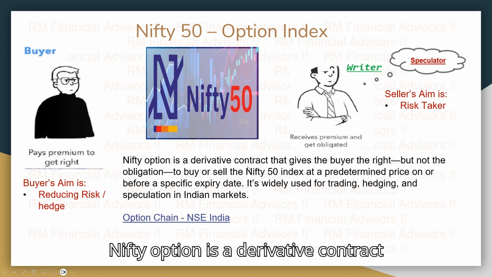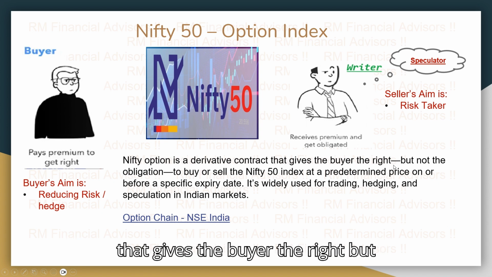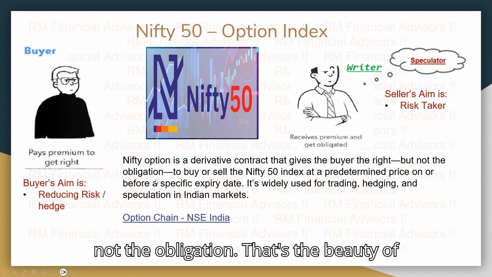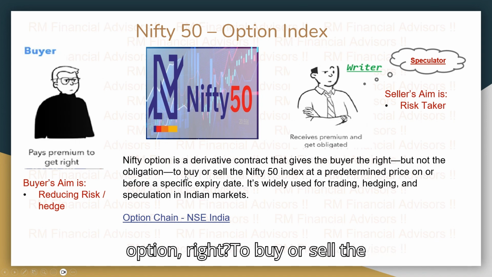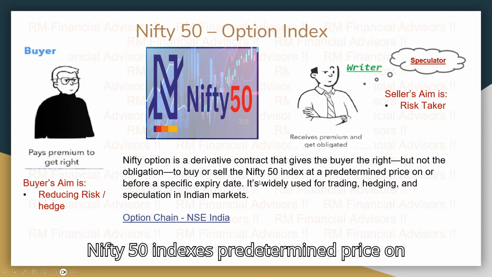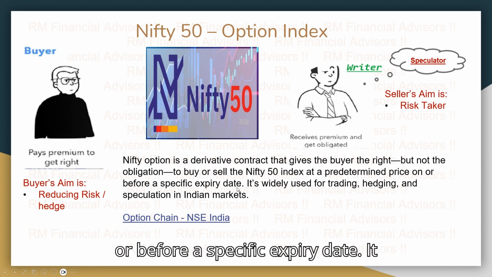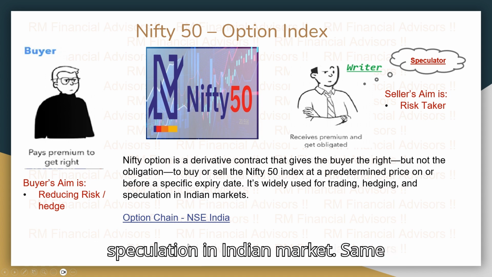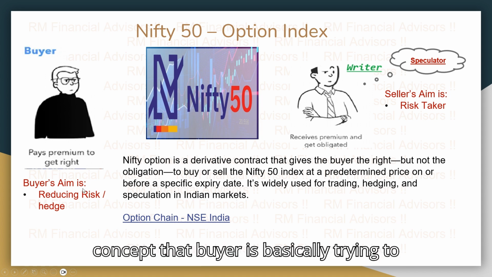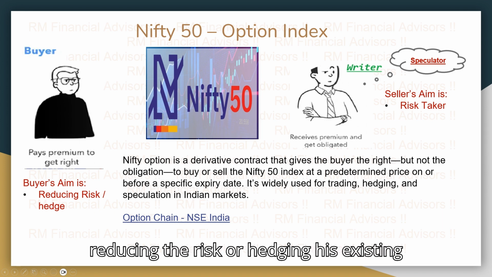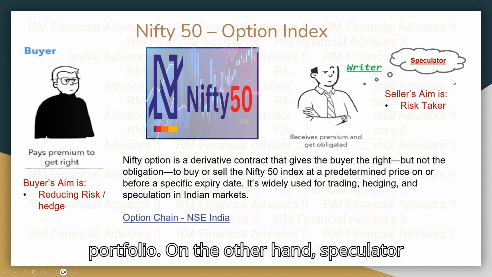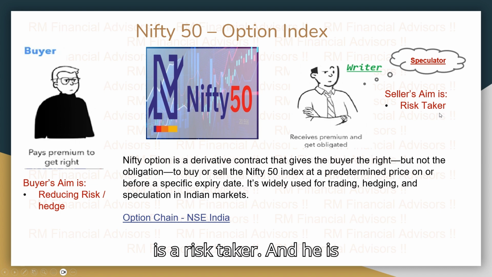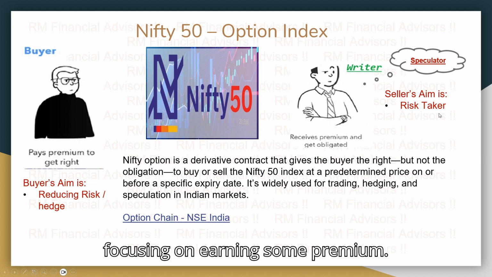Nifty option is a derivative contract that gives the buyer the right but not the obligation. That's the beauty of option, right? To buy or sell the Nifty 50 index at a predetermined price on or before a specific expiry date. It is widely used for trading, hedging, and speculation in the Indian market. Same concept: the buyer is basically trying to reduce the risk or hedge his existing portfolio. On the other hand, the speculator is a risk taker and he is focusing on earning some premium.